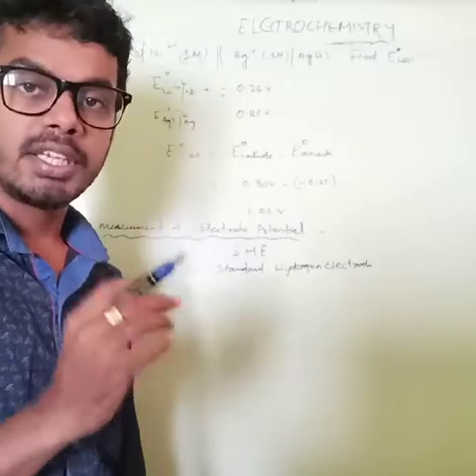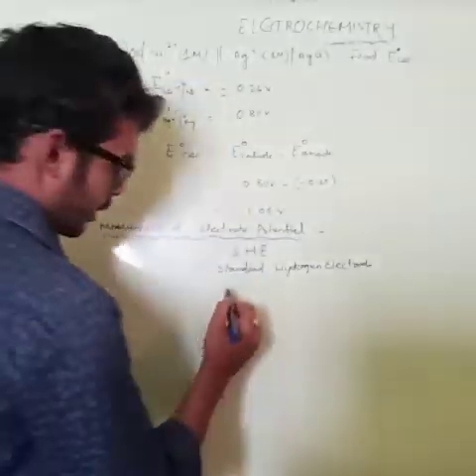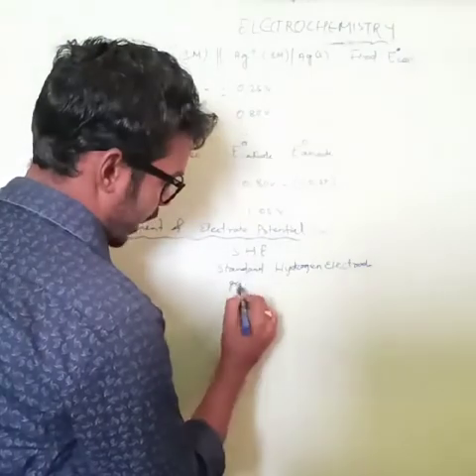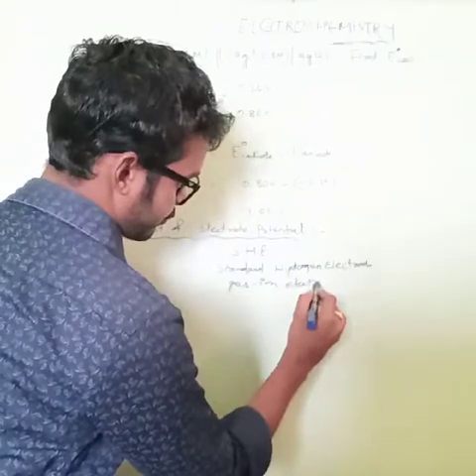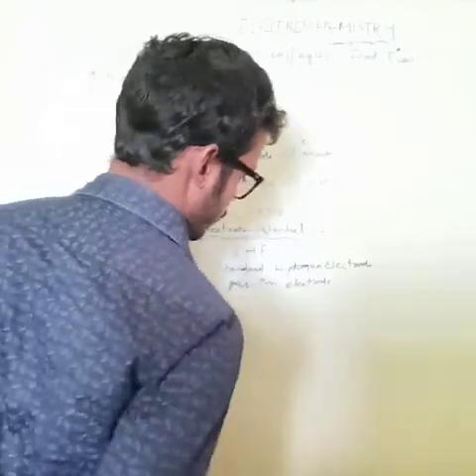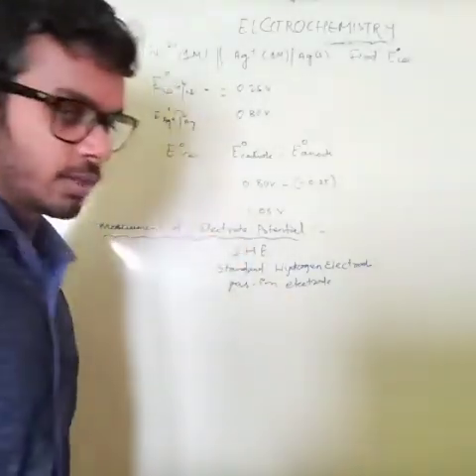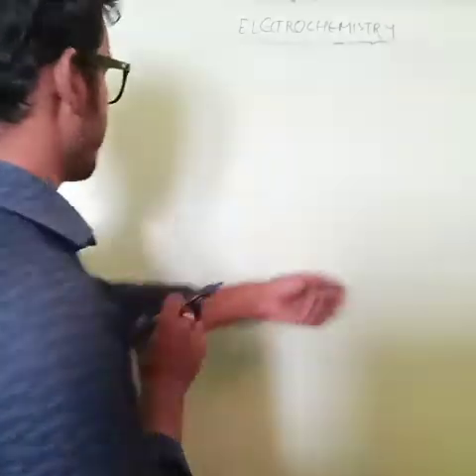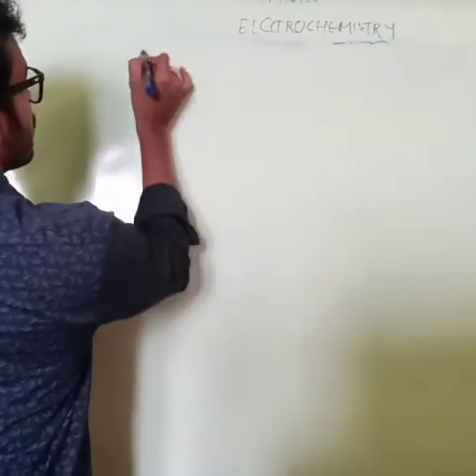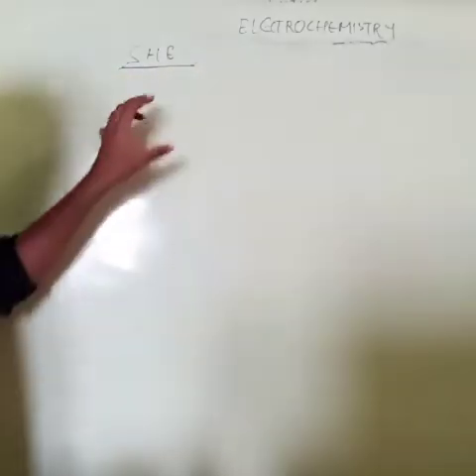It is nothing but a gas ion electrode. Okay, so let me explain. Let me clear the screen first. Okay, write some key points over SHE, the standard hydrogen electrode.